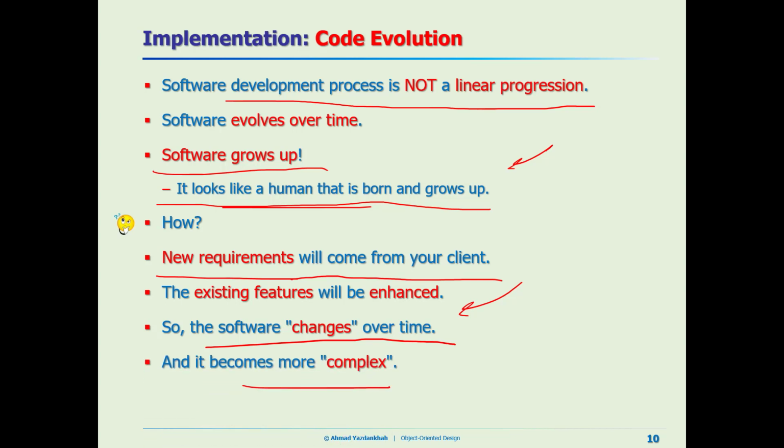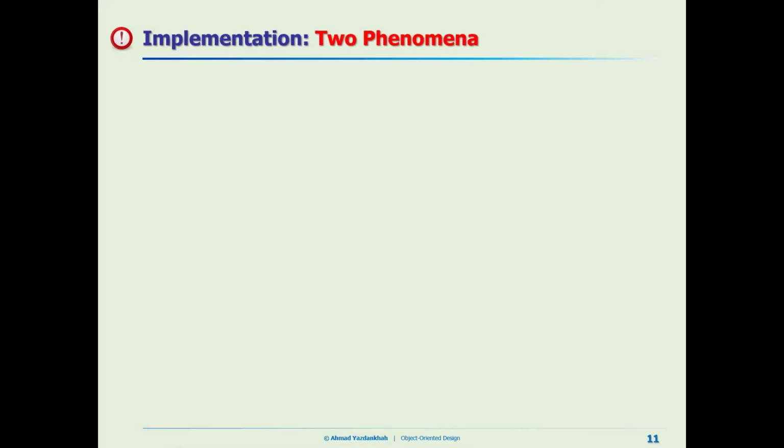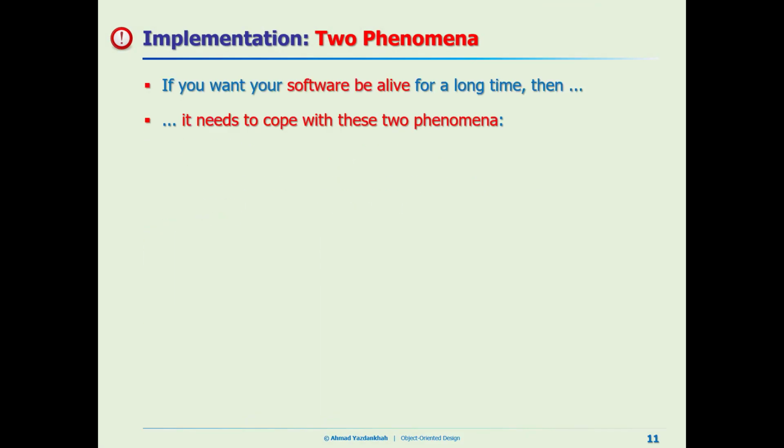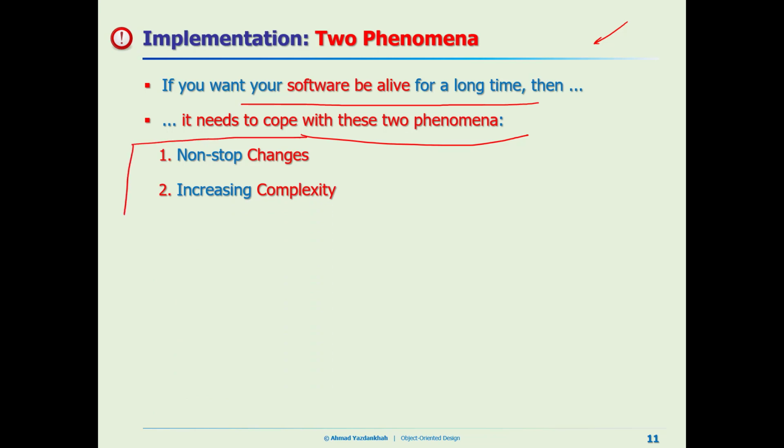All right. So change and complexity are two phenomena for us, right? If your software is gonna live for a long time, it should cope with these two phenomena: the non-stop changing and increasing complexity.